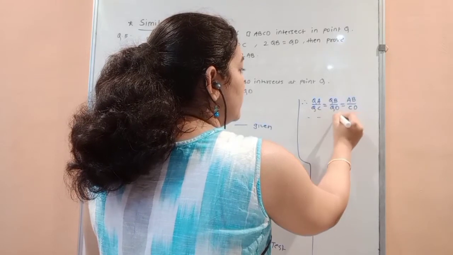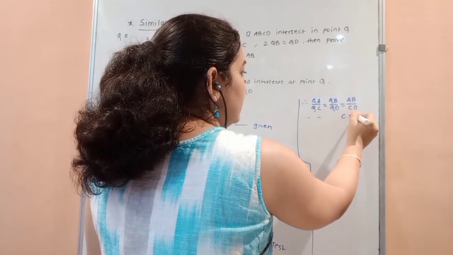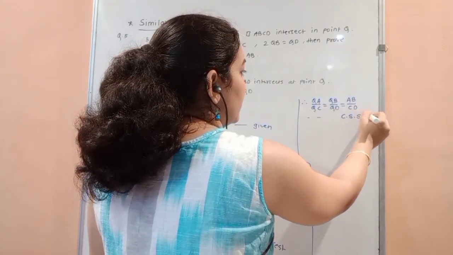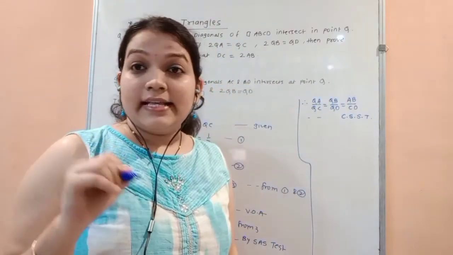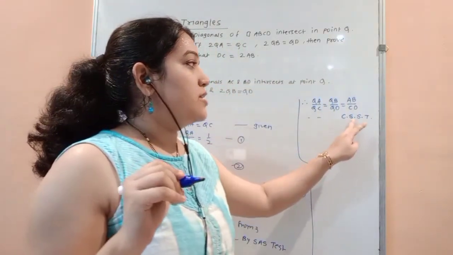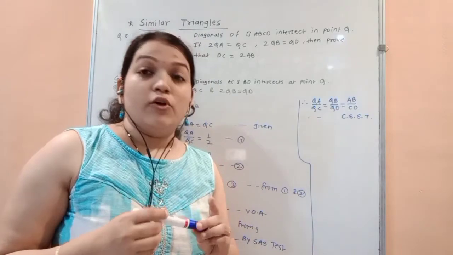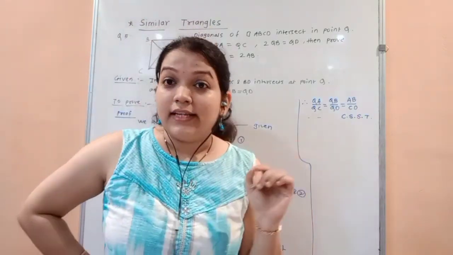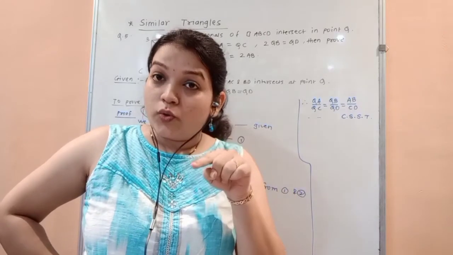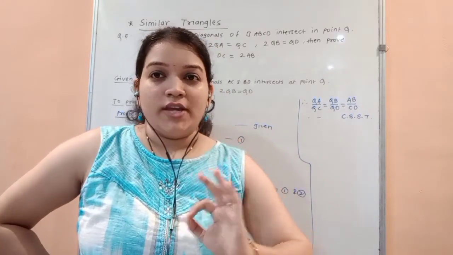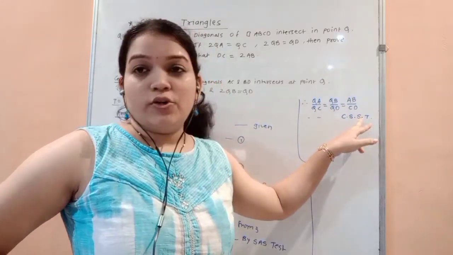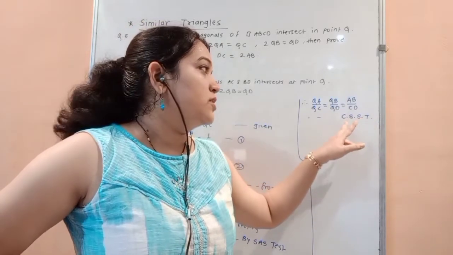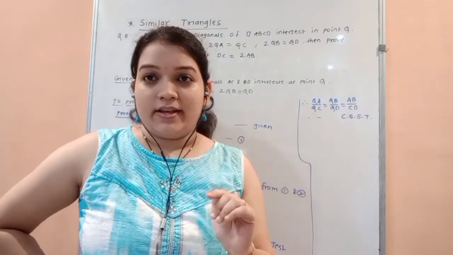Reason is what? Corresponding sides of similar triangles, CSST. For congruency you used to write CSCT, corresponding sides of congruent triangles, but here the change is S instead of C, because these are the sides of similar triangles, yes or no?